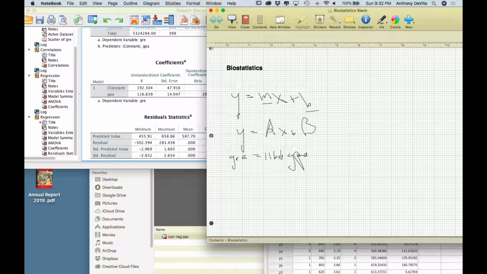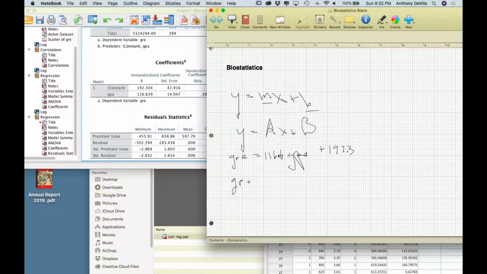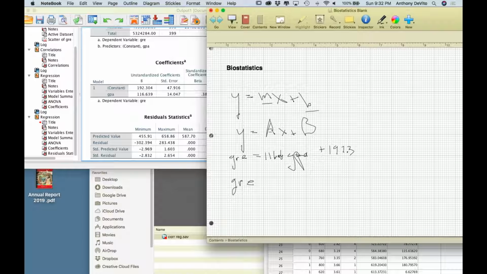Remember, that's 116.6, plus the y-intercept, which is 192.3. So if you want to know what the GRE would be for a person who had a grade point average of 3.0, it would be equal to 116.6 times 3.0 plus 192.3.